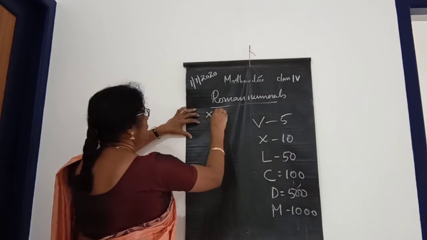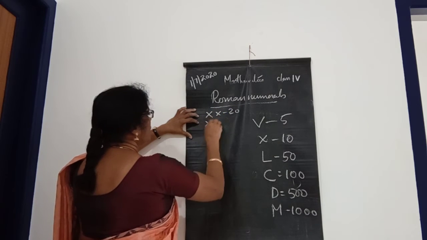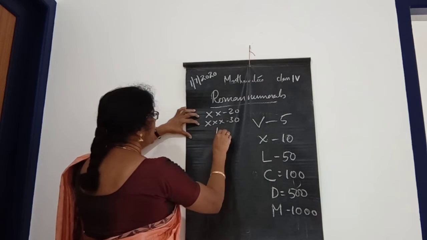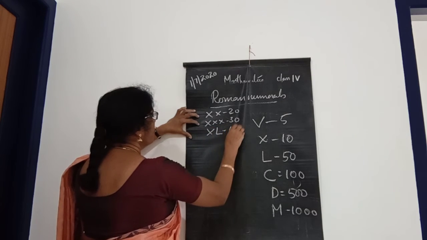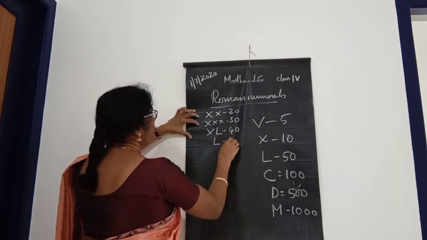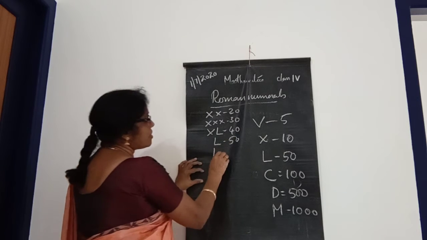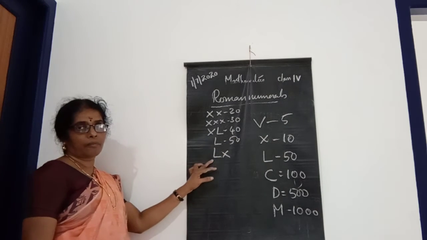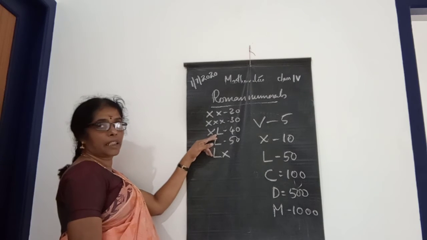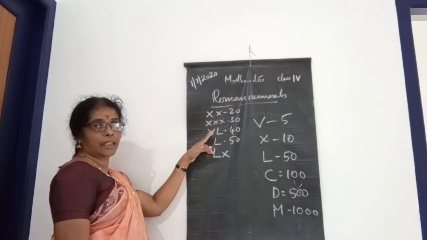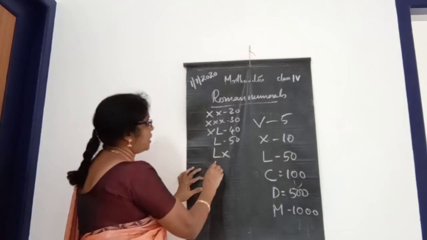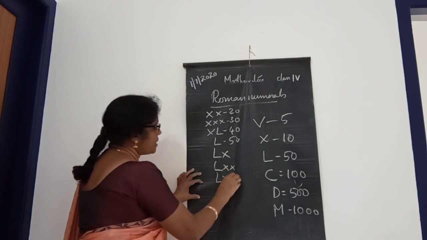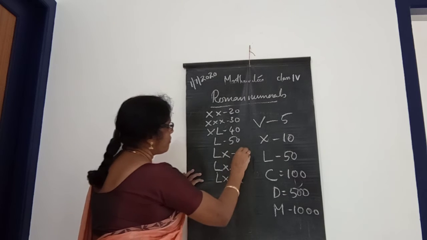Once more: 20, 30, 40 means 50 minus 10. 60 means 50 plus 10. Then 70 is 50 plus 20, and 50 plus 30 is 80.